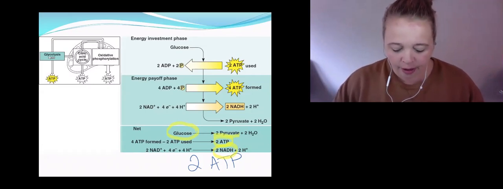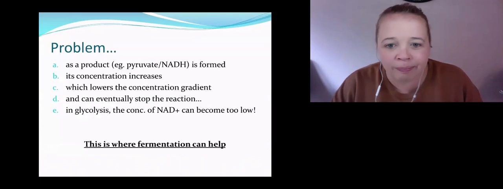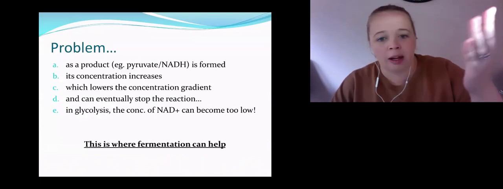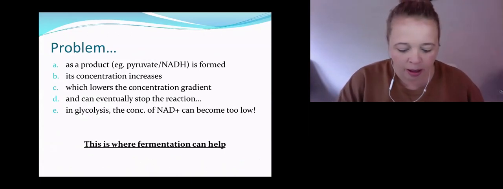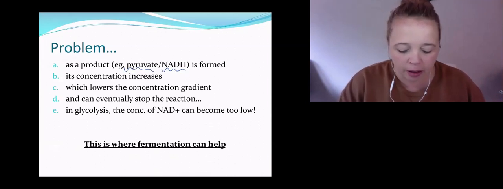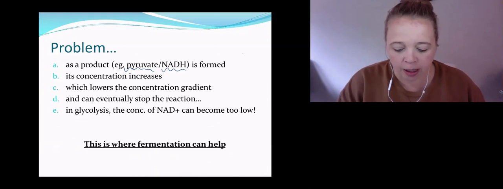Now, there is a problem. Okay, we can't just use this all the time. What will happen is we'll get this build-up of pyruvate, and we'll get a build-up of NADH. Okay, as they start to build up, their concentration increases. So normally their concentration would be, so here's the concentration gradient like this.